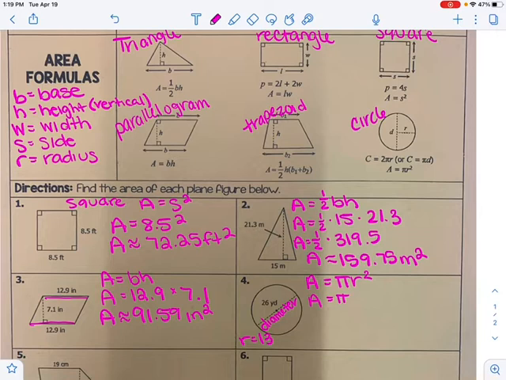So this would not be 26 squared, it would be 13 squared. We got to pay attention to what's given to us. So area is equal to pi times 169. So area is going to be equal to about 530.66 yards squared.